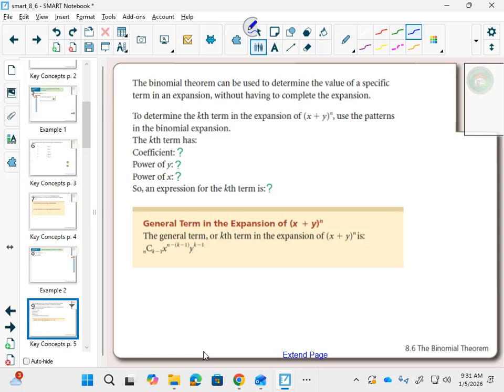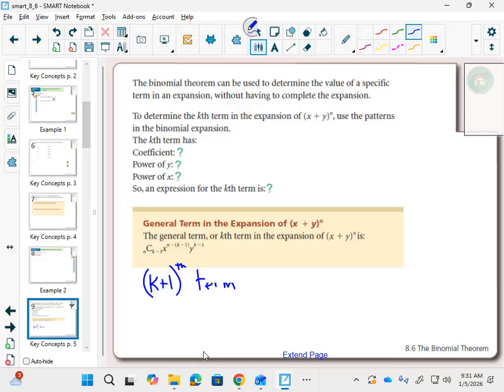Okay. The general term or kth term in the expansion is, and your formula sheet doesn't do it for the kth term, it does it for the k plus 1th term.